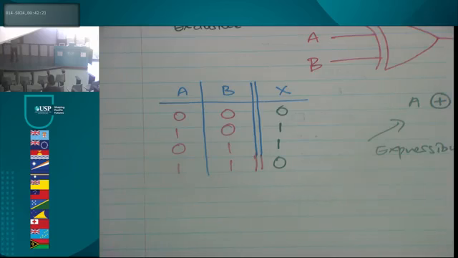So in an OR gate, 0 or a 0 will give you 0, that's fine. Second line, 1 or a 0 will give you a 1. 0 or a 1 will give you a 1. In the last line, if it was an OR gate, a 1 or a 1 would give you a 1. But in XOR, a 1 or a 1 gives you 0.